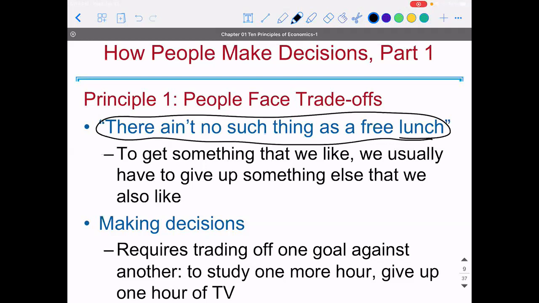Alternatively, if I spend an extra hour with my friends, that means I'm giving up spending time with my family. If I spend too much time with my family, I'm giving up time with my friends.